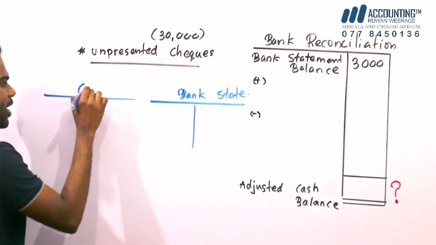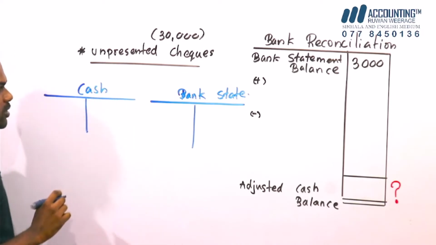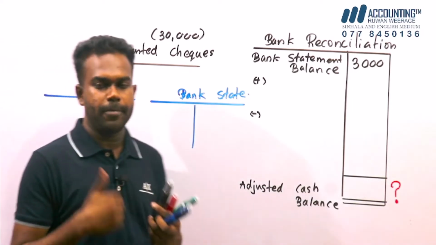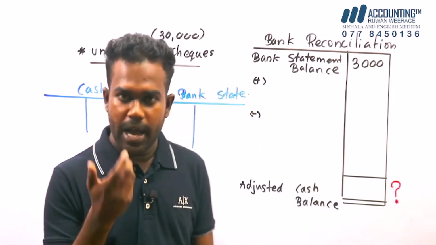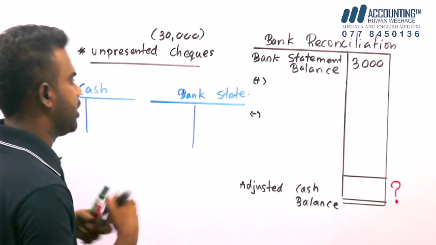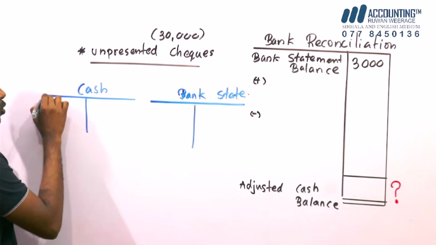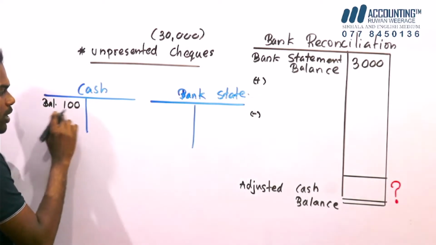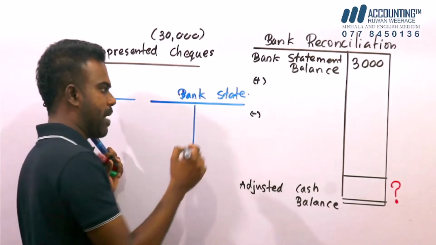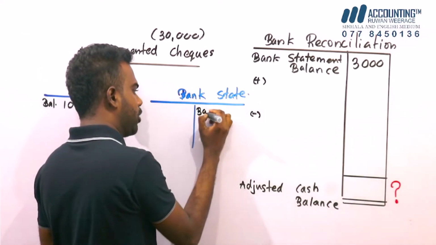But this is our cash account, which is maintained by the business. To identify this reason, I am assuming some amounts. If we have a good balance in the cash account, it may be recorded on the debit side, but in the bank statement it is recorded on the credit side.